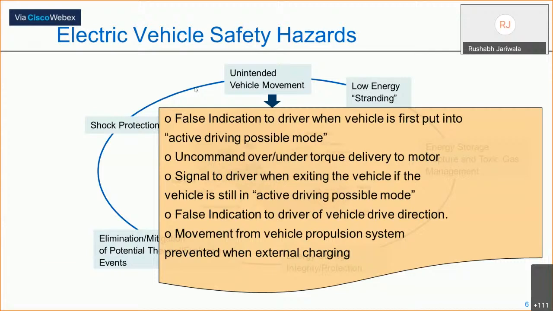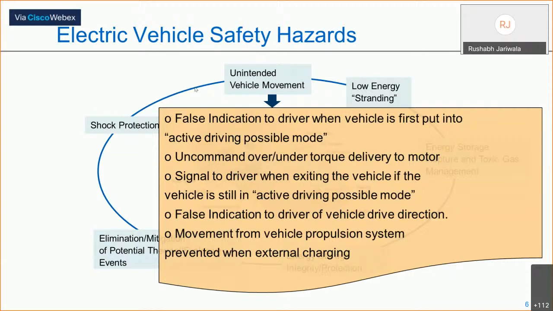Due to this, in the design one needs to take care that the vehicle always drives in the intended direction, and there should be enough checks and balances within the software for that.